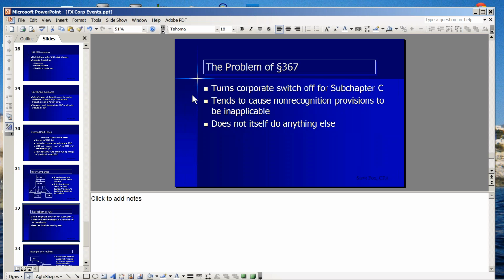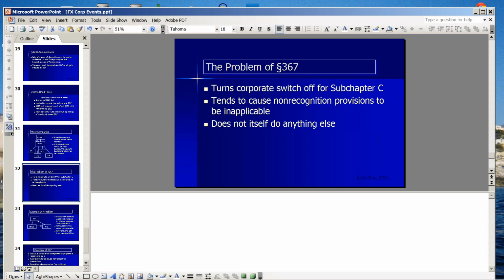We're not going to talk much about it in the course because it is that hard. What I want you to be able to do is recognize every time you see an international corporate event that you must look at 367 to see whether the sub-C rules, sections 301 to 369, apply at all.